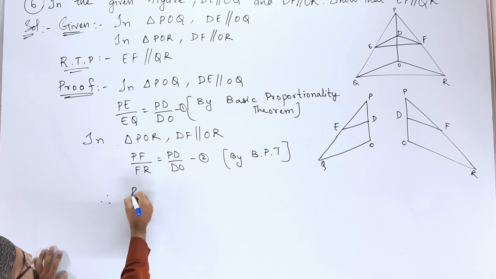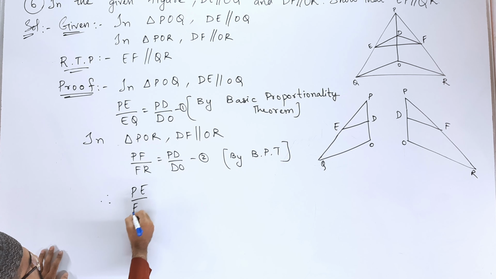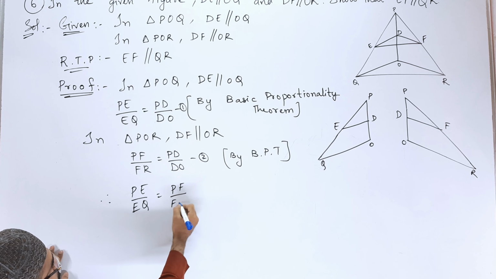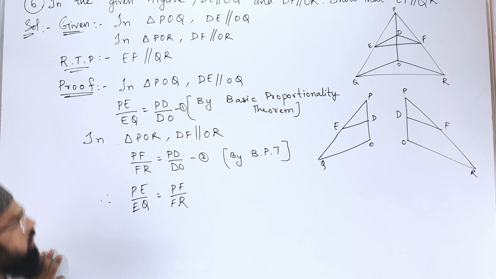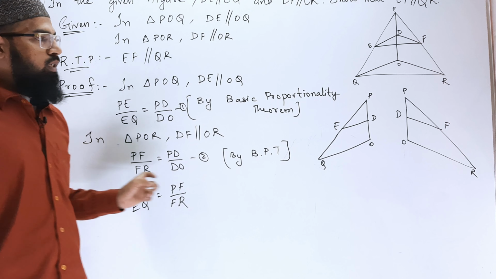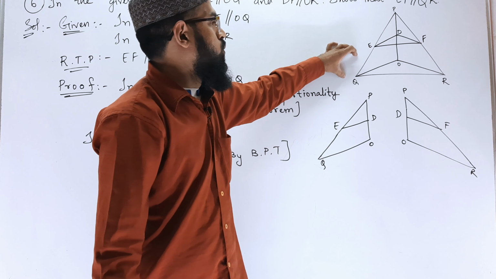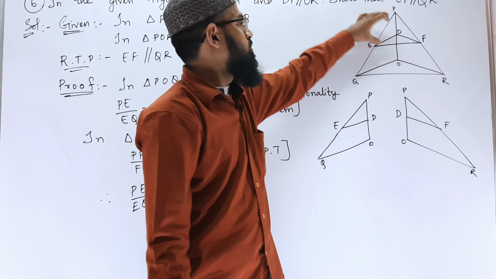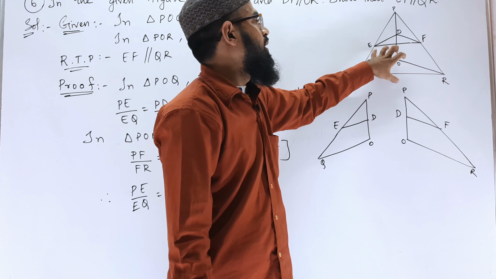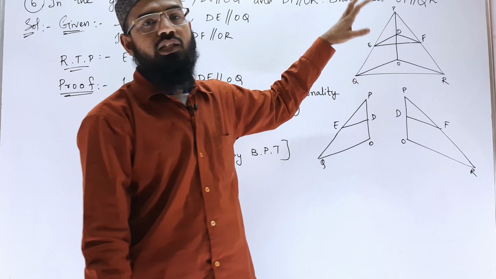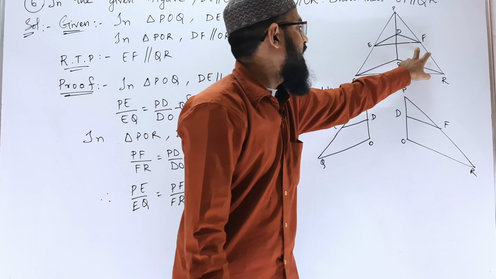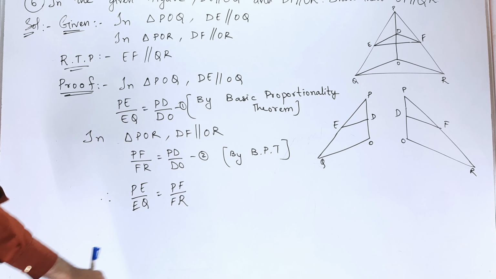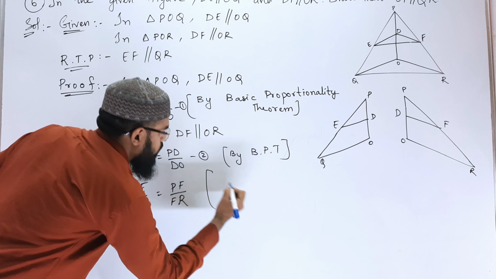These ratios are equal. If a line divides two sides in the same ratio, then that line will be parallel to QR. So this is nothing but the converse of the basic proportionality theorem.